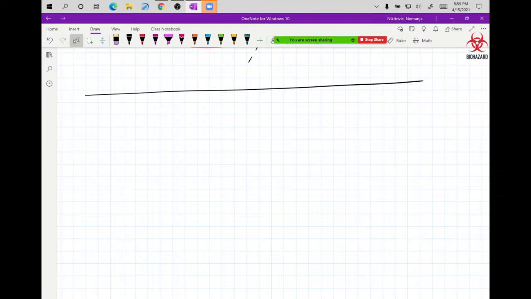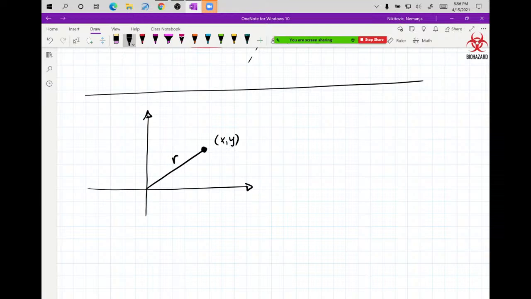If you have a situation, just in general, where you have your radius r stretched to some point, now that point has coordinates x, y, and we can get that y and get that x over here.